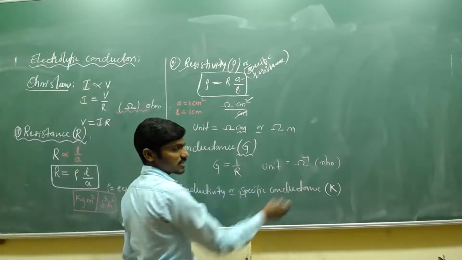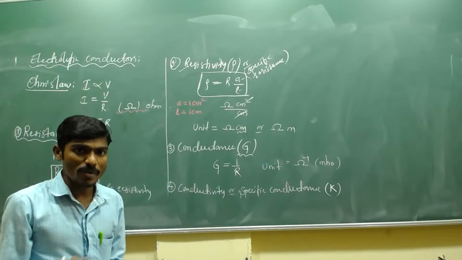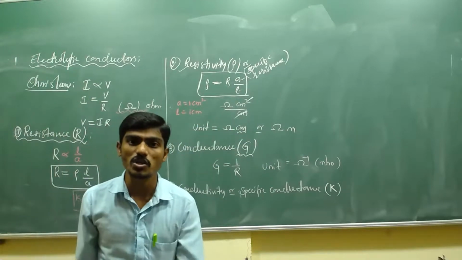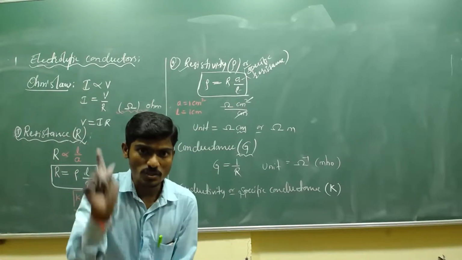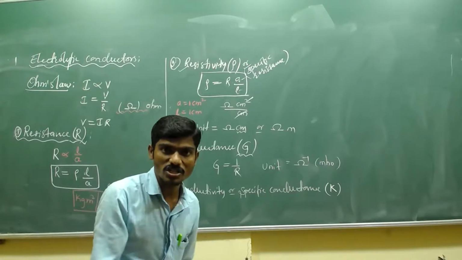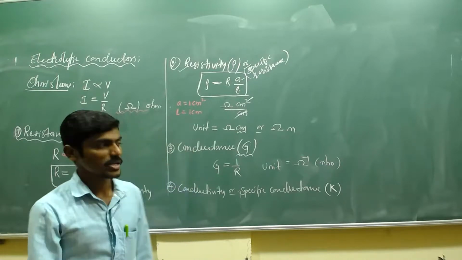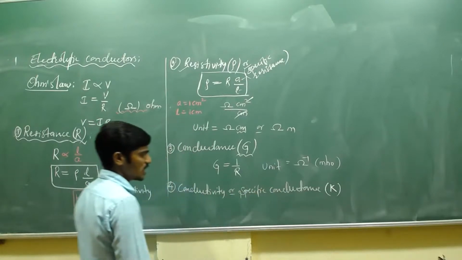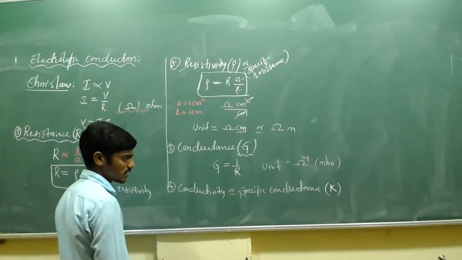Specific conductance means the conducting power of the ions present in 1 cubic centimeter of solution, that is, whose length is 1 centimeter and area of cross section is 1 centimeter square. If both the terms are unit, then this conductivity is known as specific conductance.